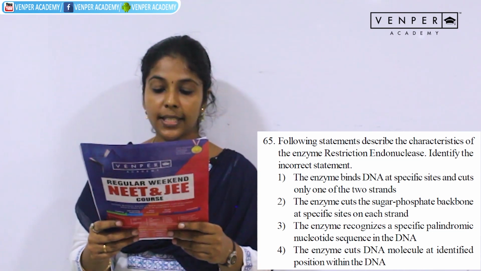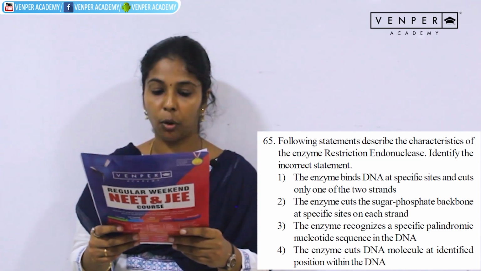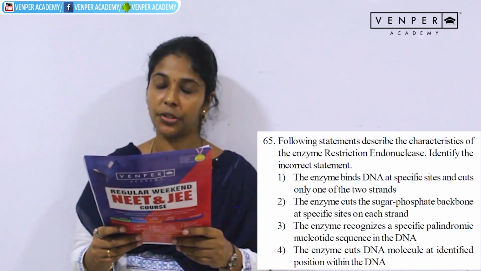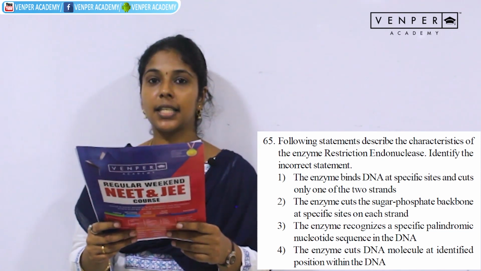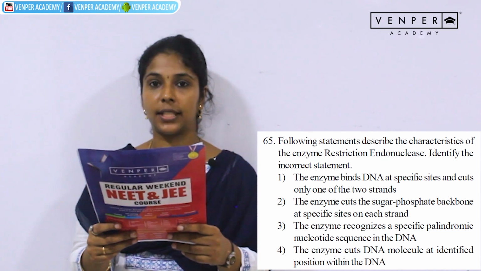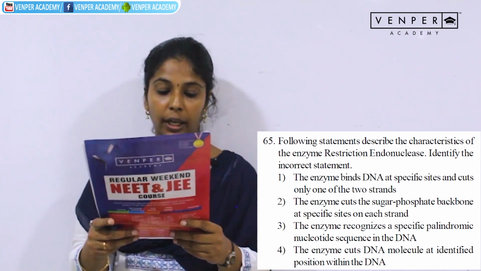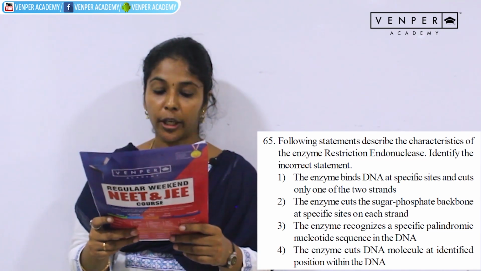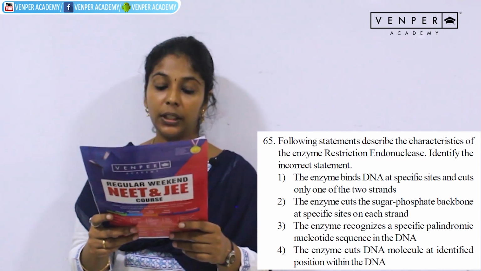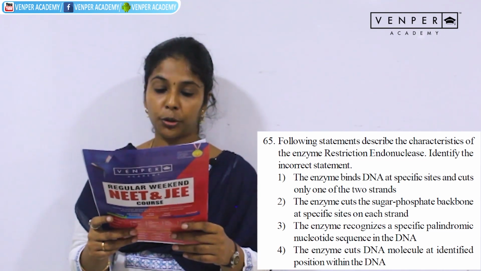Option 2, the enzyme cuts the sugar phosphate backbone at specific sites on each strand. This is correct. Option 3, the enzyme recognizes a specific palindromic nucleotide sequence in the DNA, which is also correct. The fourth option, the enzyme cuts the DNA molecule at identified positions within the DNA. Fourth option is also correct.